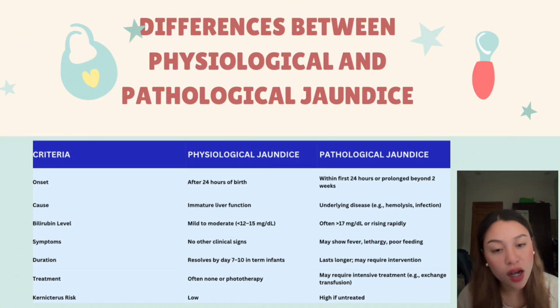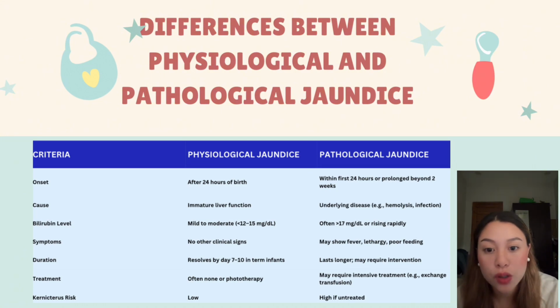For the pathological, an underlying disease, for example, hemolysis or infection. For the bilirubin level, physiological jaundice is mild to moderate, which is less than 12 to 15 milligrams per deciliter. And for the pathological, it is often more than 17 milligrams per deciliter or rising rapidly.